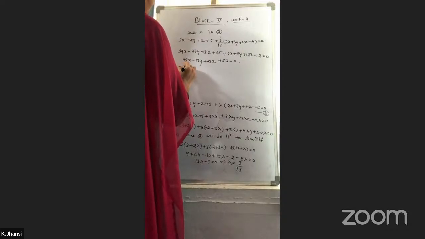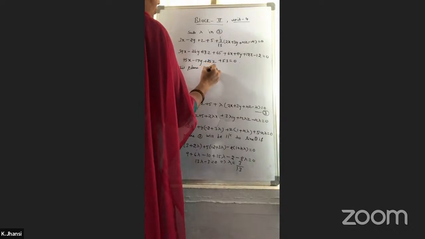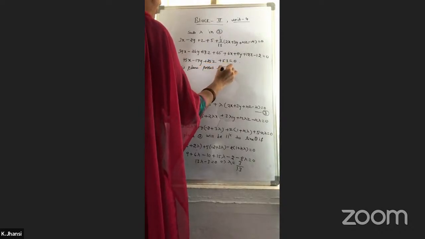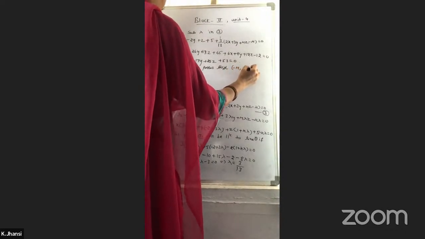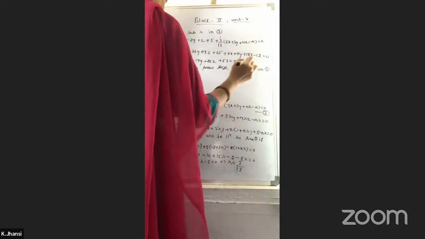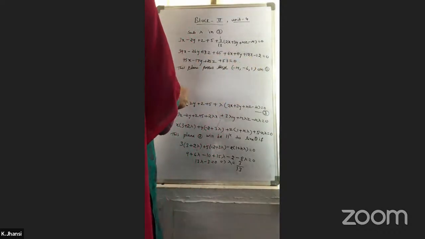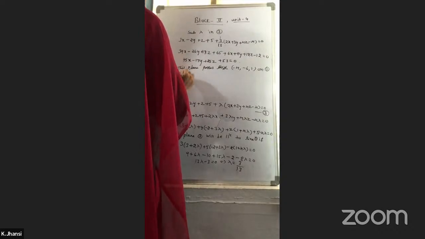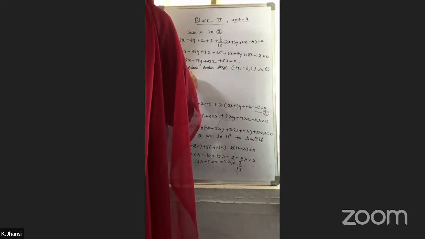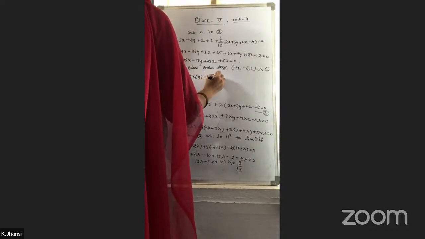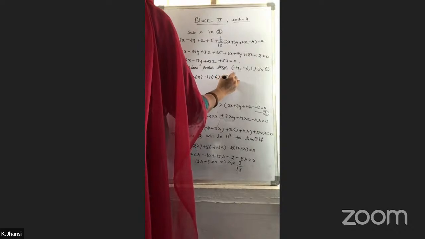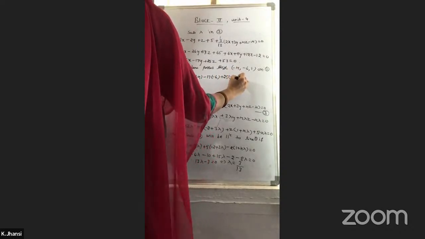Okay. So here you write, this plane passes through minus 4, minus 6, 1 on line 1, that is 45 into minus 4 minus 17 into minus 6 plus 25 into 1 plus 53.